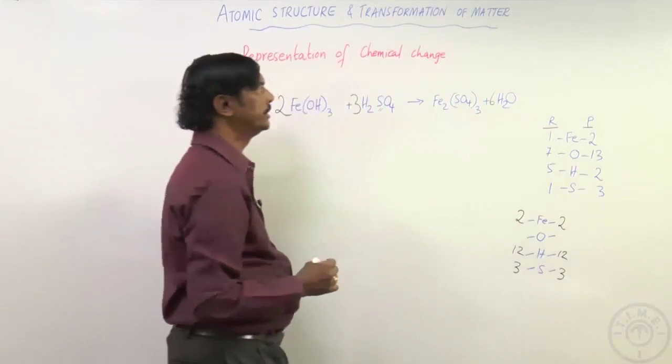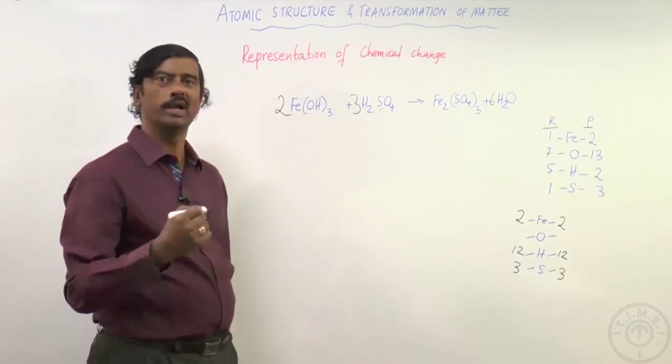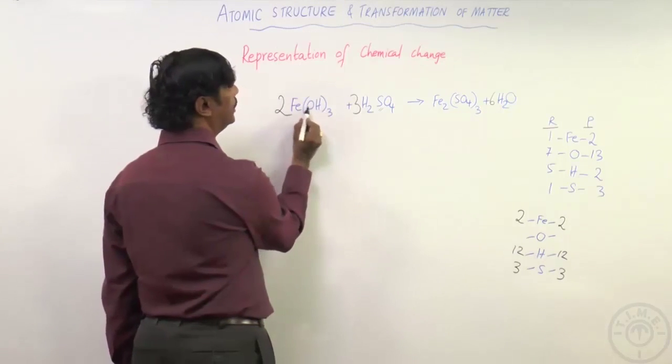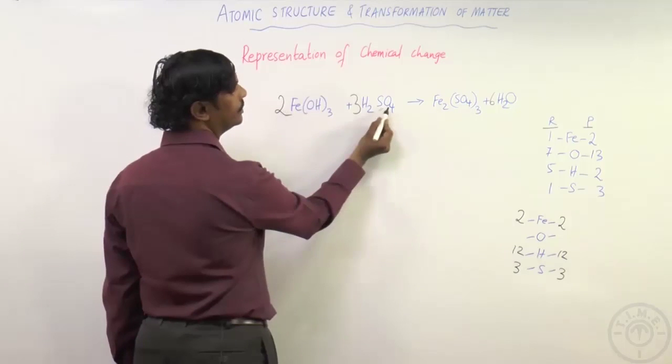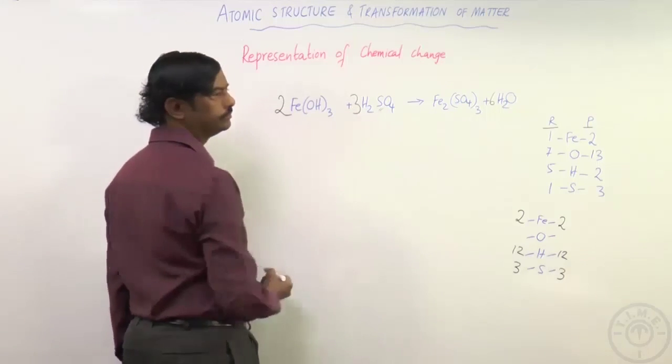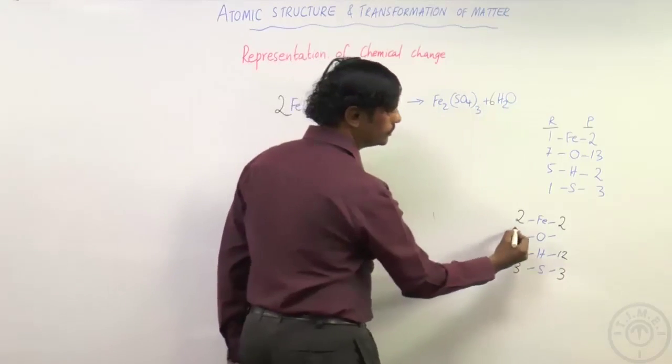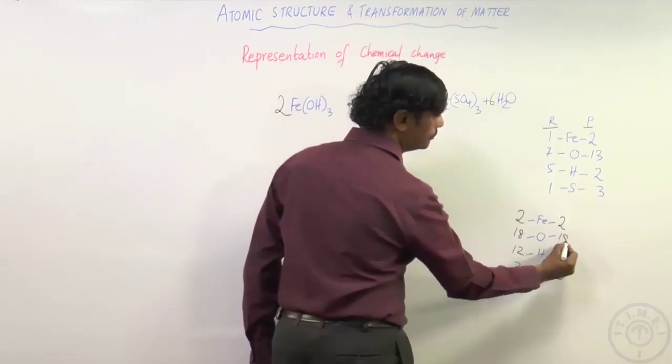Look at the oxygens. Are the oxygens also balanced automatically? Look at the oxygens now. 3 into 2 is 6. 6 plus 12 is 18. 12 plus 6 is also 18. So, 18, 18.